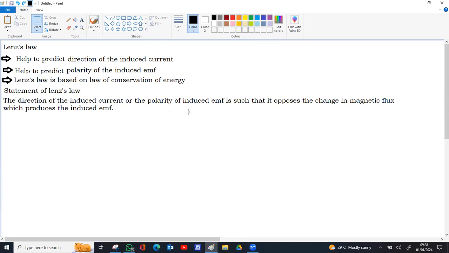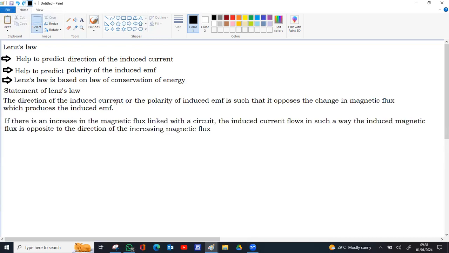Now it is important to understand the induced current is not opposing the magnetic flux. It is opposing the change in magnetic flux. Meaning, if the existing magnetic flux is increasing, to oppose the increase in magnetic flux, the induced current will produce a magnetic flux in the opposite direction of the increasing magnetic flux.